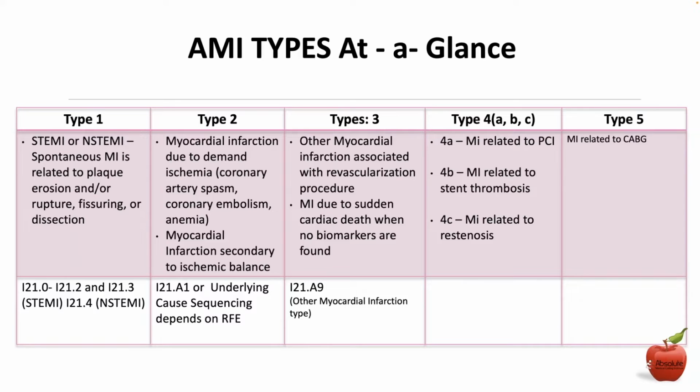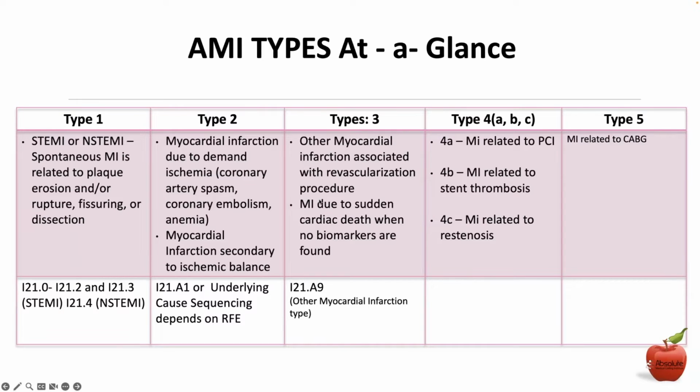So these can be infarctions that are not necessarily related to blockage in the heart, but to circumstances that cause the infarction, like someone running a marathon and all of a sudden having an infarction, but the reason for the infarction can be various.